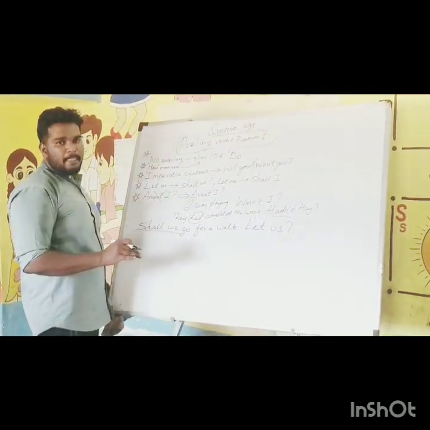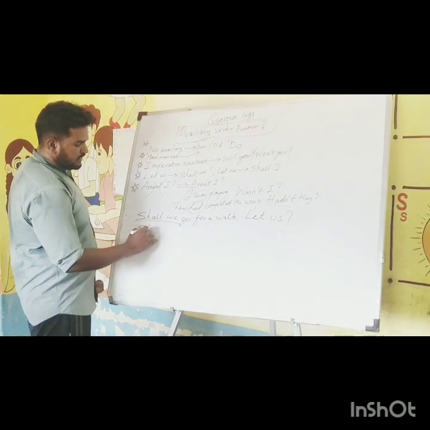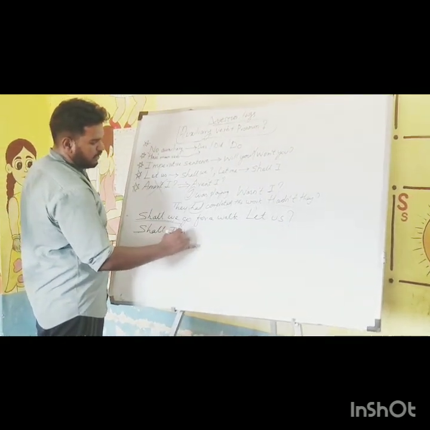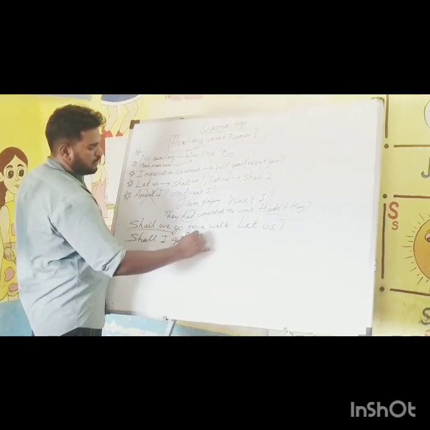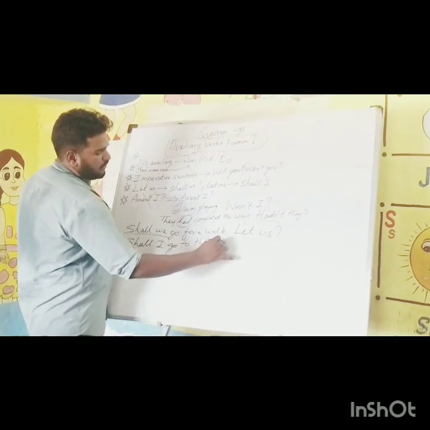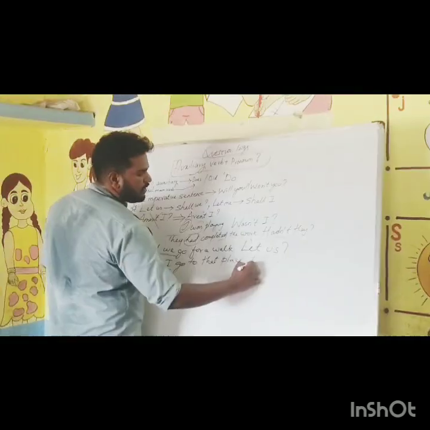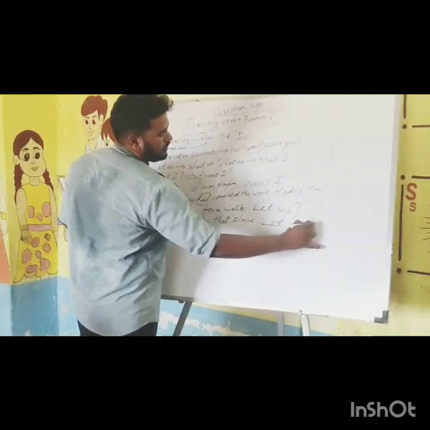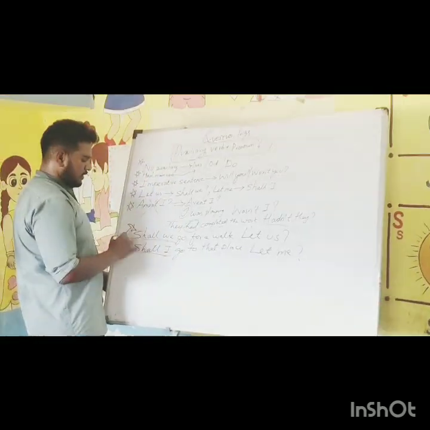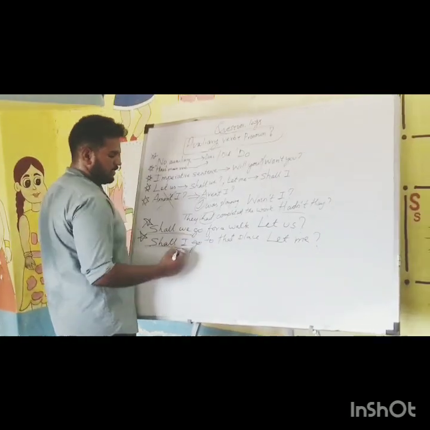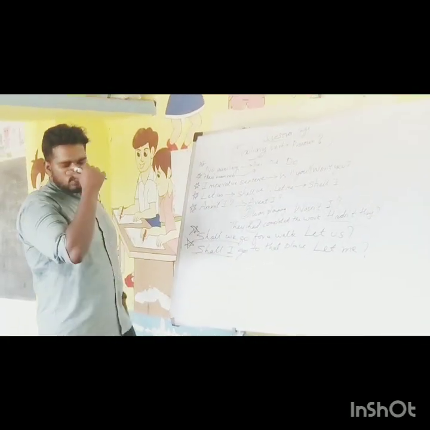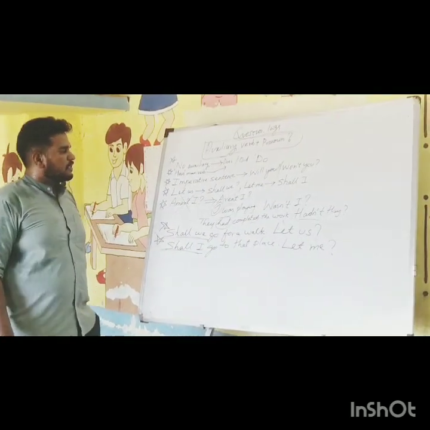Let us will be the tag. When it is shall I go to that place. When shall I is coming, the tag will be always let me. Okay, shall we means let us, shall I means let me. So these are the special cases.